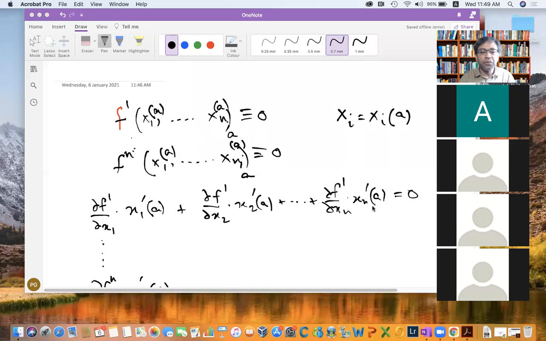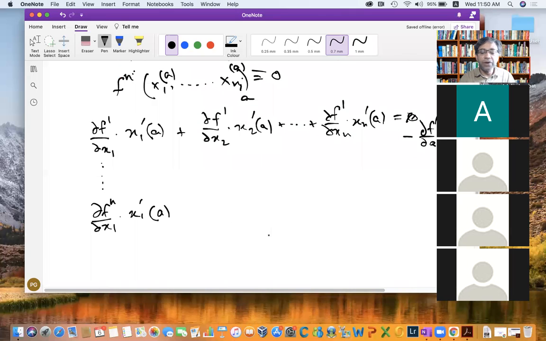So at the end, I missed out one term, which is del F1 del A. If I take it to the other side, that will become minus del F1 del A. And as we move to the last equation, del Fn del Xn equals minus del Fn del A, right?